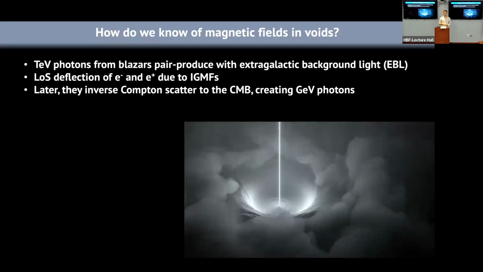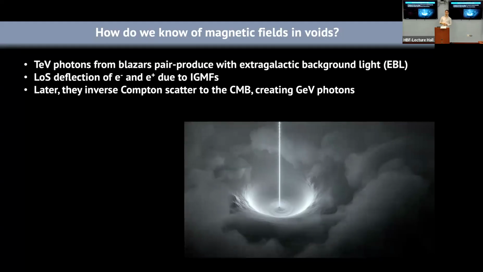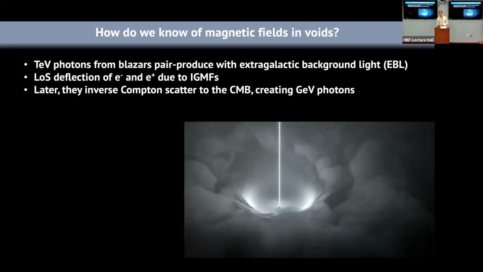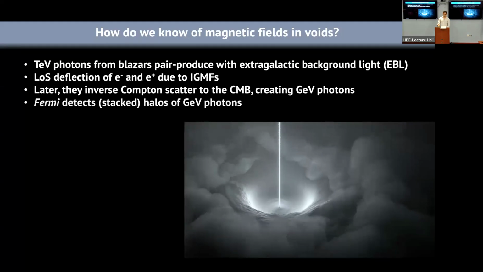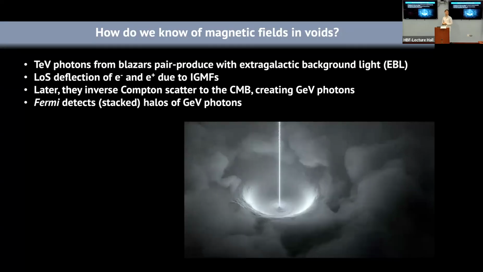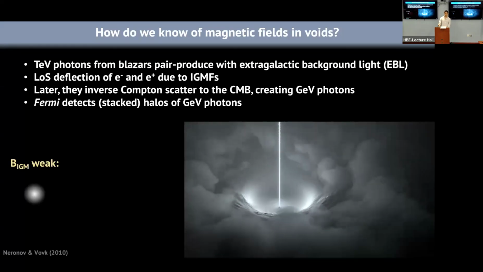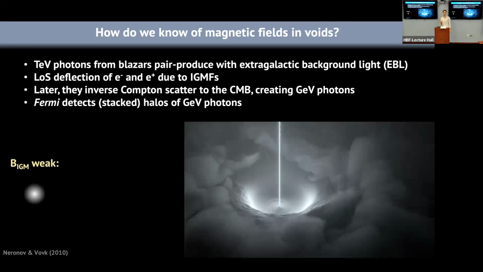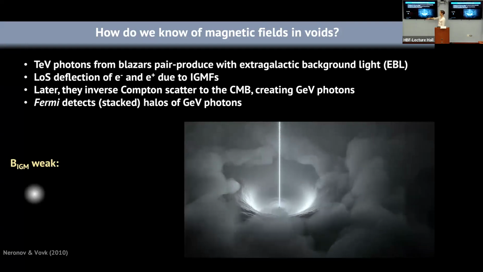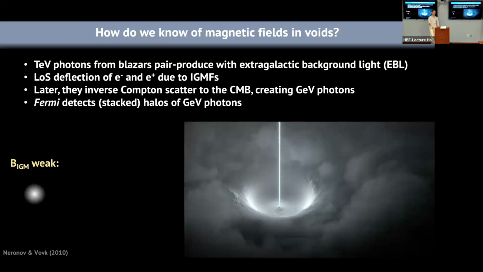Later, those electrons and positrons inverse Compton scatter off the CMB, and that creates a GeV photon. Then you can use a gamma-ray telescope to try to detect those photons around the blazar. If the magnetic field strength in the void is weak, then those GeV photons will be narrowly concentrated around the blazar.